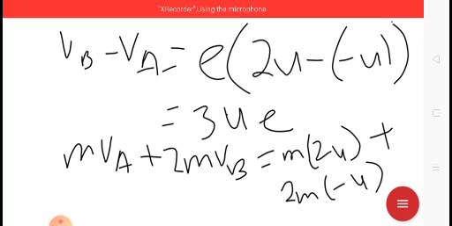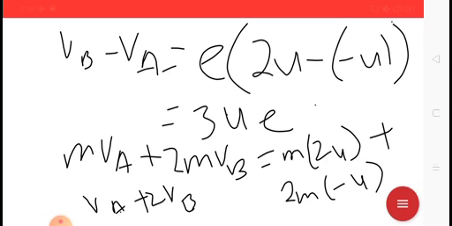So you have the first and second equation. And for the right-hand side, when you subtract it will be equal to 0, and you divide by m, you should get the second equation is VA plus 2VB equals 0.